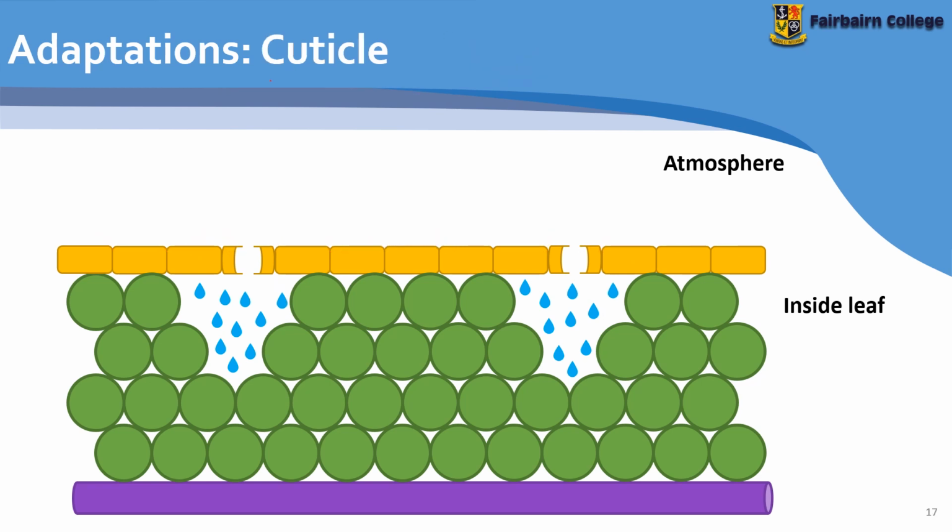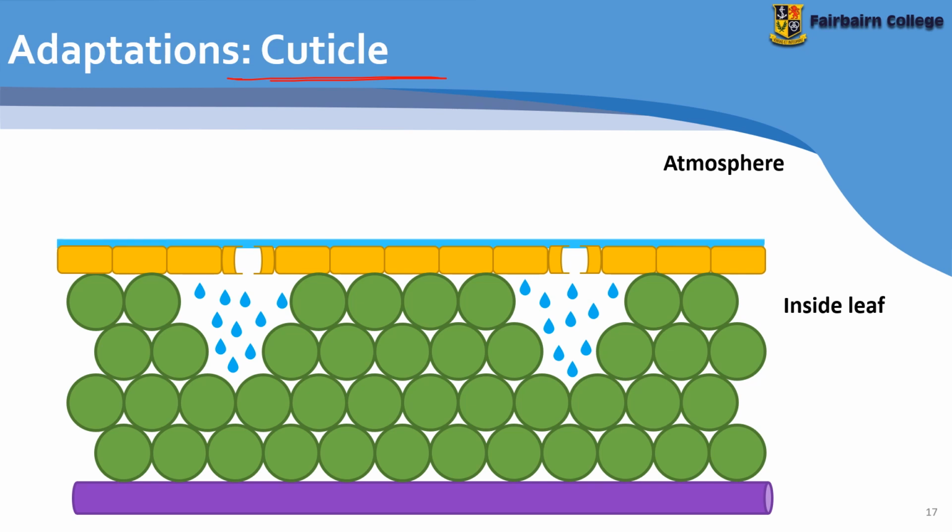Then the cuticle, you should know pretty well by now. Most plants have a cuticle, especially on the upper surface of the leaves and the stem, and this is to reduce water loss. But sometimes that cuticle is not enough, so even the cuticle can be improved.